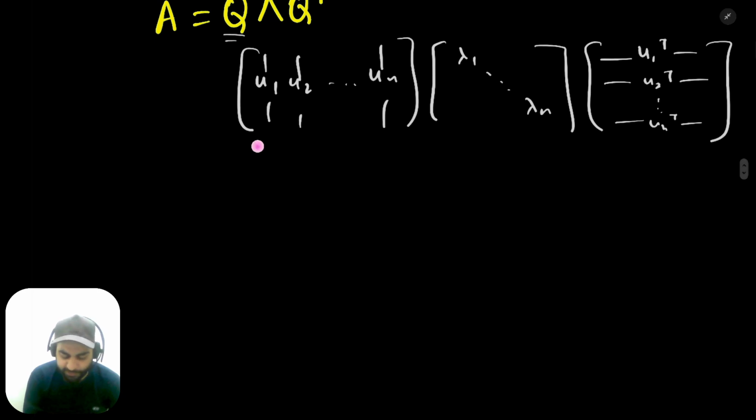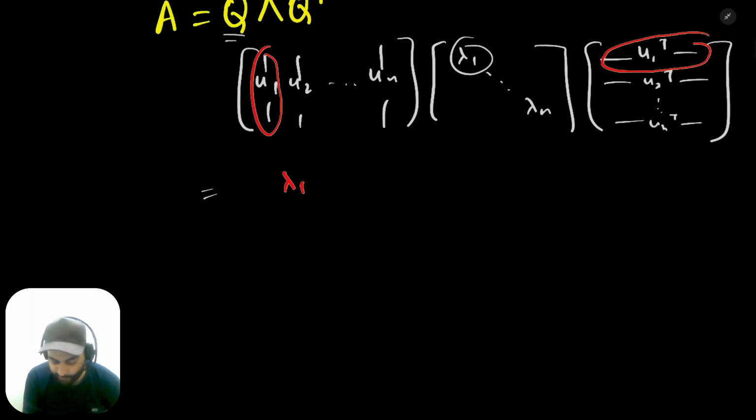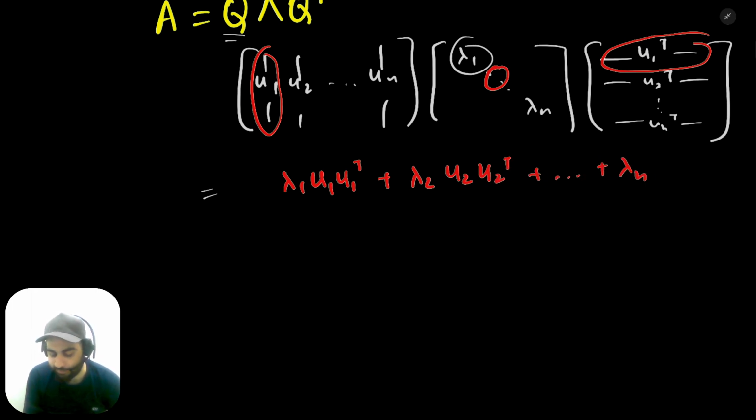So if I want to expand these things, what will it look like? This will be lambda 1, because it's a scalar you can write it anywhere you want. I'll write it in red, lambda 1, and this gets multiplied to u1 u1 transpose, plus lambda 2 u2 u2 transpose, plus and so on till lambda n un un transpose.